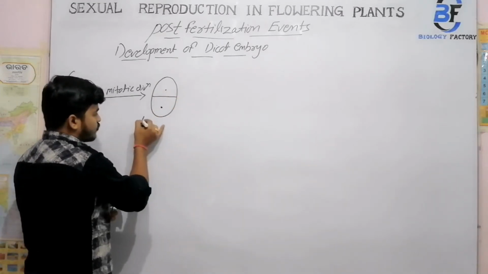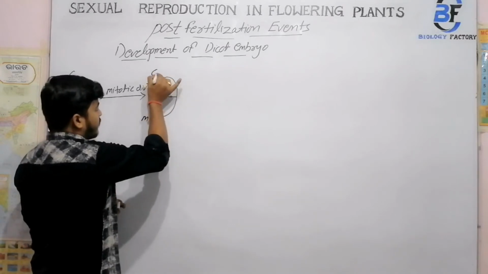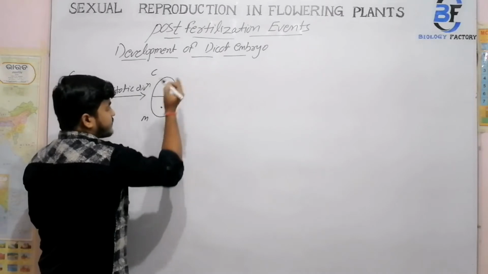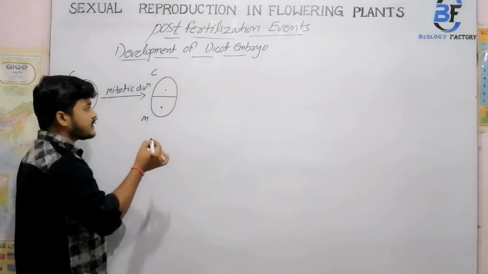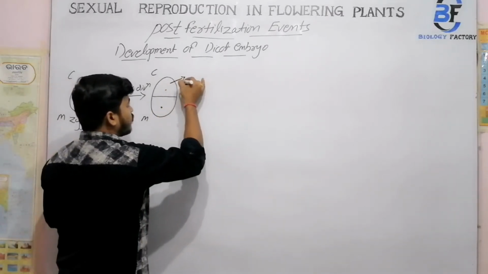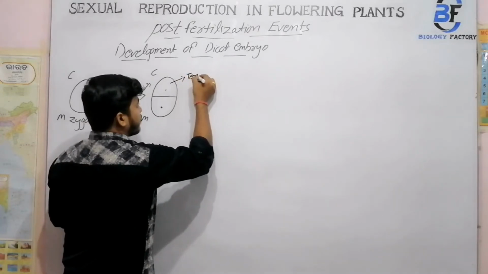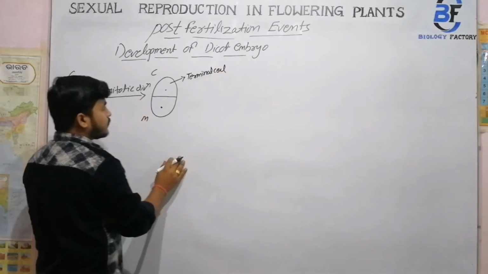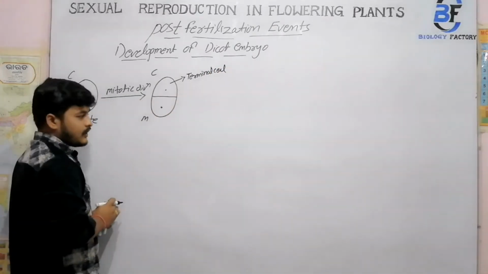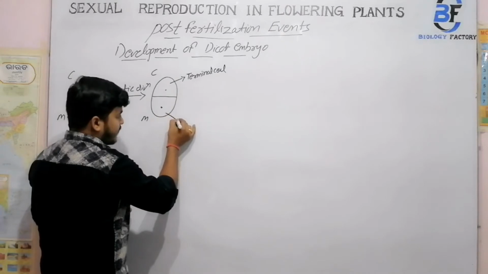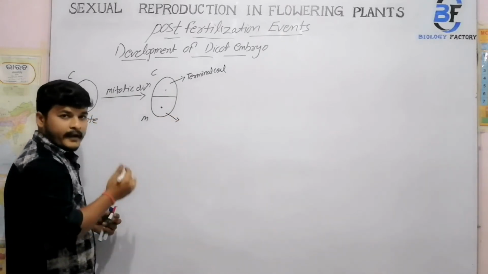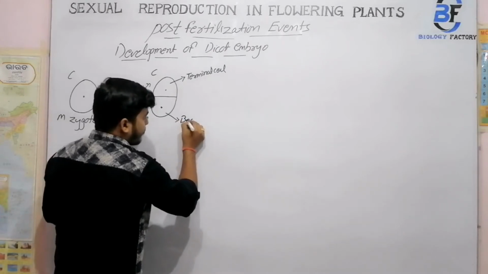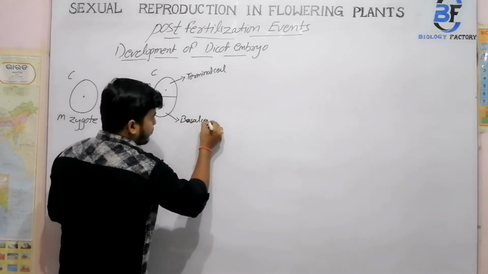The parts are also the same: one is toward the micropylar end, another toward the chalazal end. The cell towards the chalazal end is known as the terminal cell, and the cell towards the micropylar end is known as the basal cell.